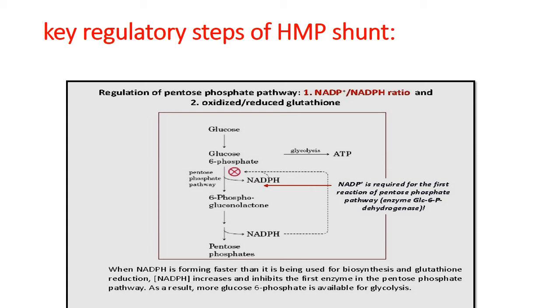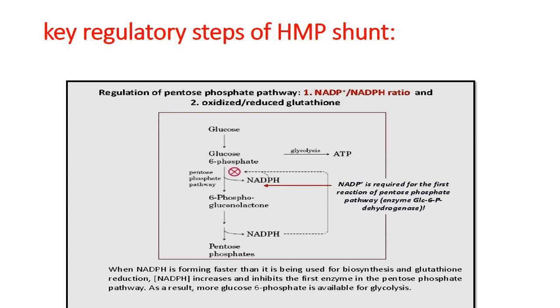So if NADPH is less utilized, then the reserve of NADPH will increase and the ratio of NADP plus to NADPH will decrease, because NADPH is in the denominator, and it will inhibit the first enzyme in the pentose phosphate pathway. As a result, more glucose 6-phosphate will be available for glycolysis. It won't enter the HMP shunt, it will be channelized to the glycolytic pathway.